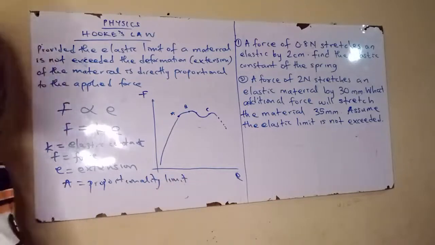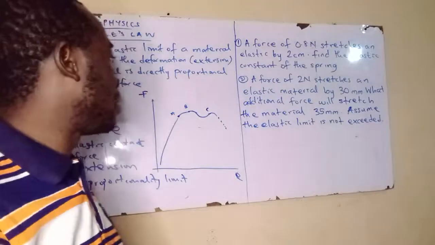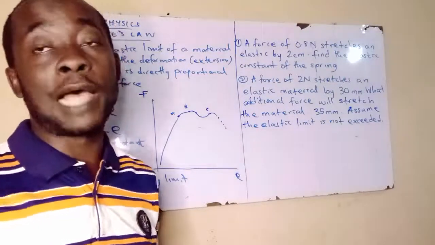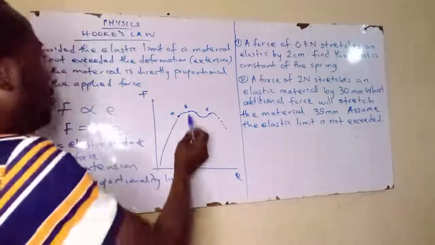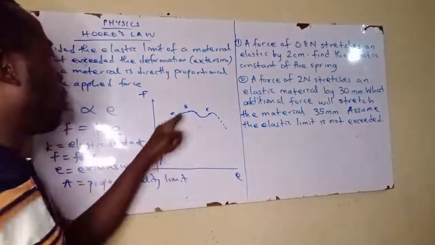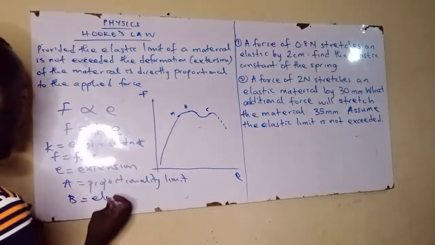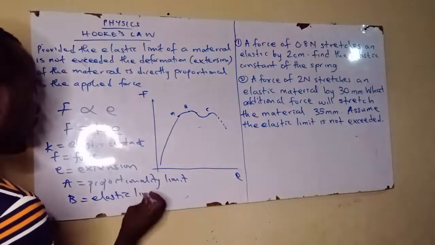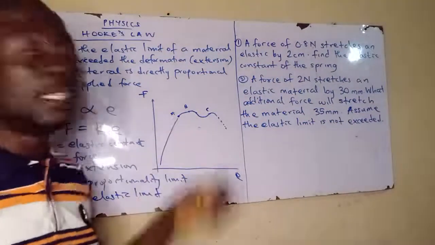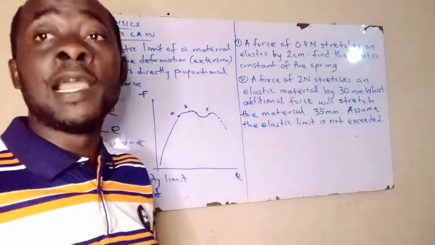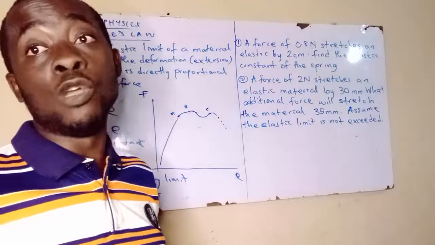That is when the material is still obeying Hooke's law. Then, when it gets to point B, that is called the elastic limit. Anything beyond it will no longer obey Hooke's law.